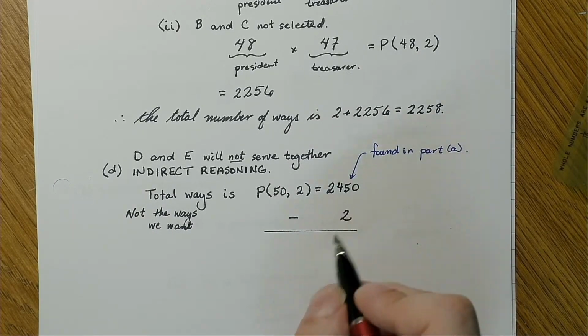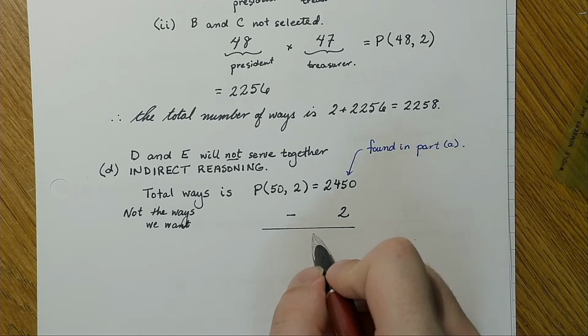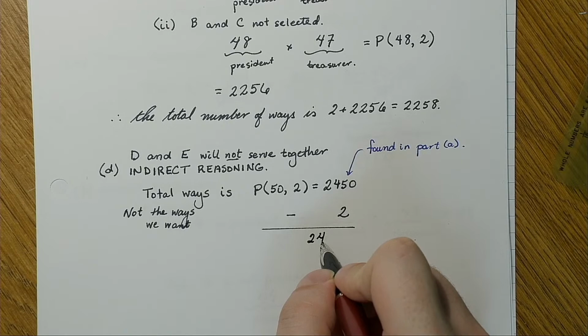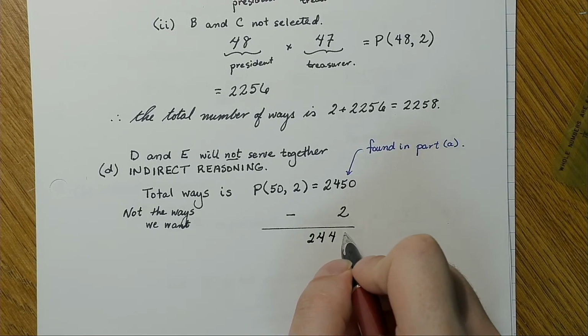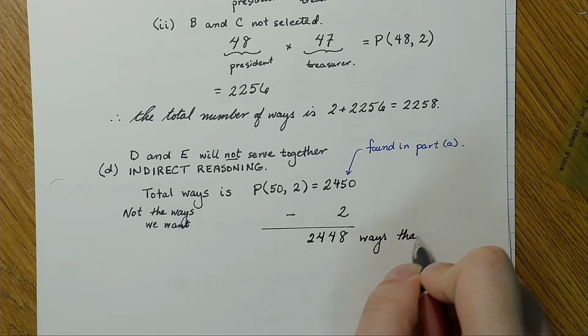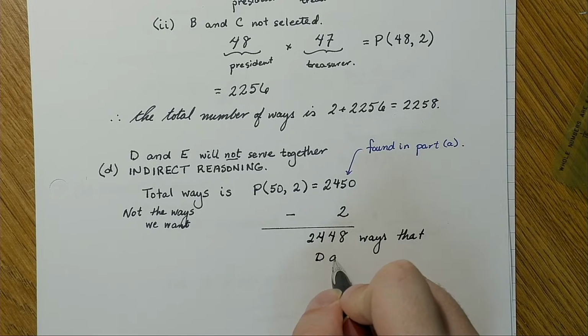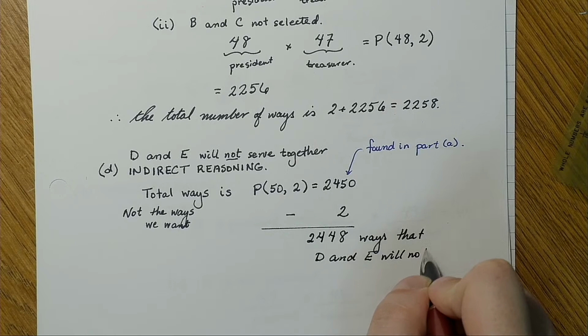So you just have the 2,450 minus the 2, which leaves you with 2,448 ways that D and E will not serve together.